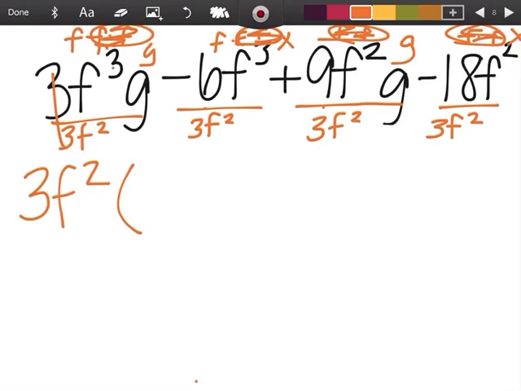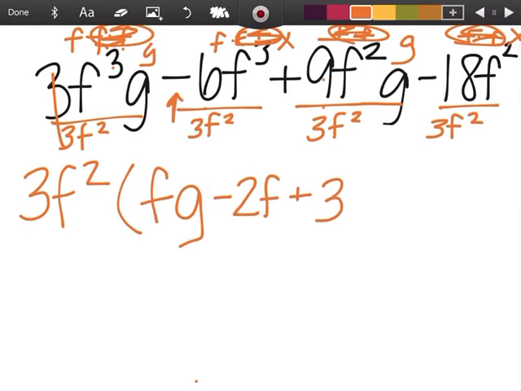3 divided by 3 is 1. f to the third over f squared, take out 2 of the f's, and I'm left with f, and then the g didn't cancel, so I'm left with g. In the second term, negative 6 divided by 3 is negative 2, and f to the third divided by f squared leaves me with f.